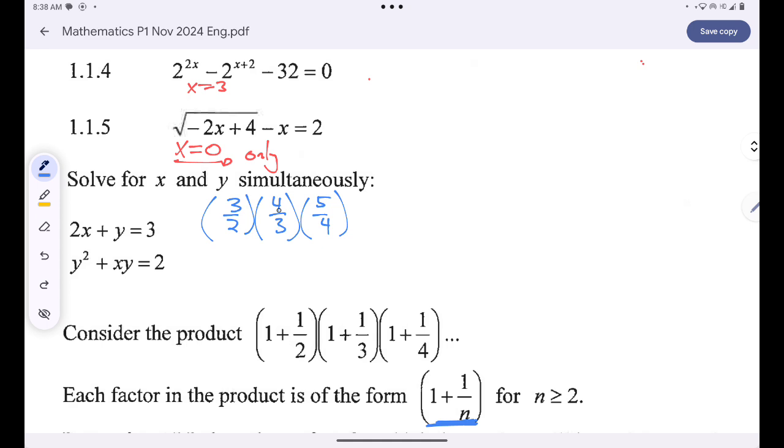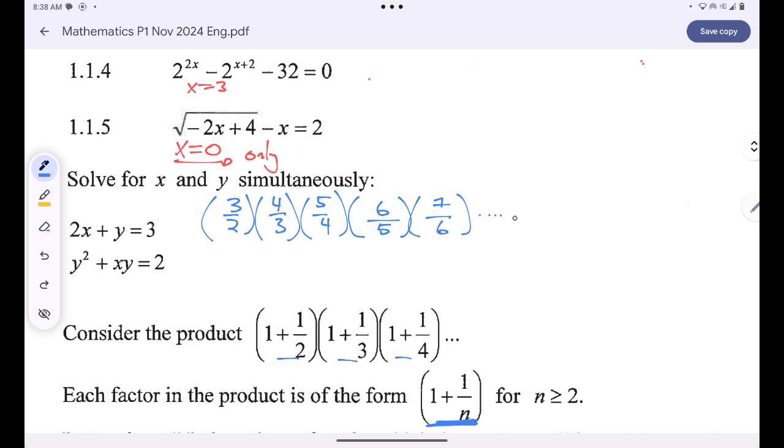So I will therefore know that my new denominator will be 5, but the new numerator will be 6. Why? Because the numbers are just incrementing by 1. Or just simply say that whenever you add these fractions, the difference between your numerators and the denominators is just 1. So all you need to do is to just add 1 on your numerator and also add 1 on your denominator.